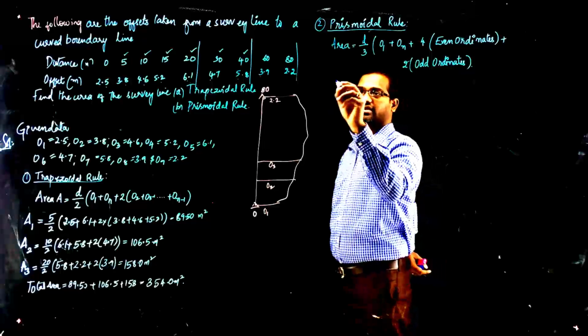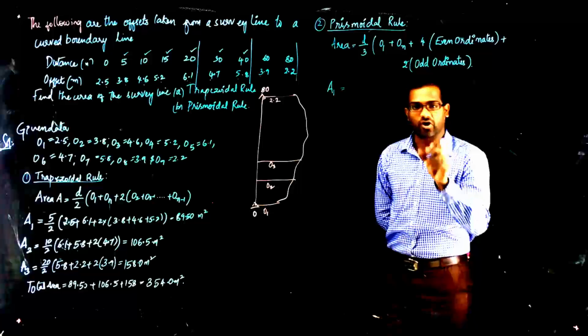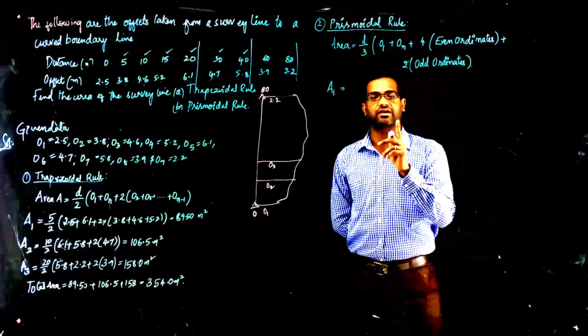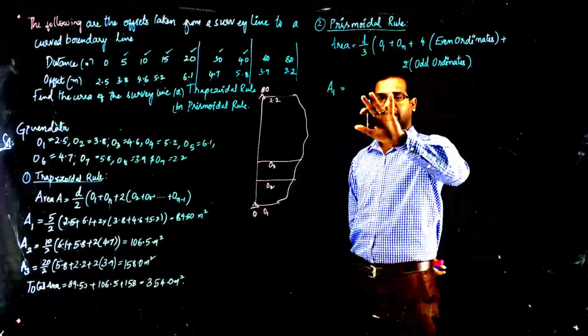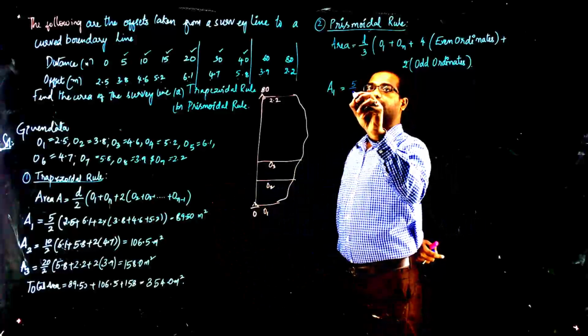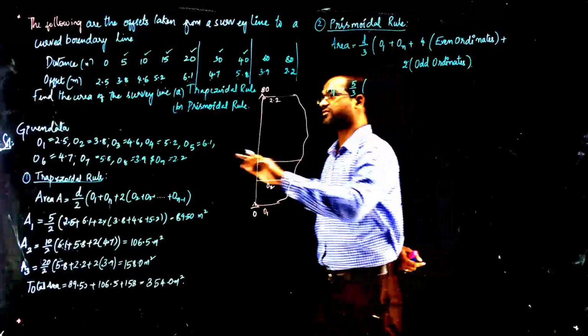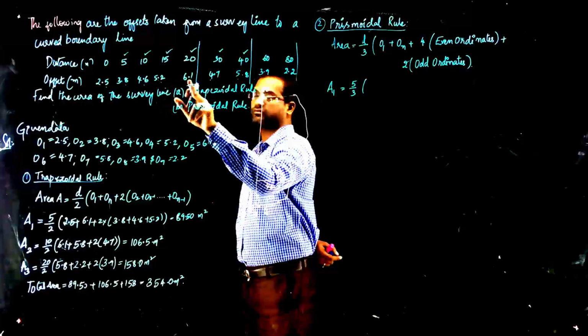So for area 1, where the ordinates have the same common distance of 5 meters, we calculate in the same way. So this will be 5 by 3. We have 5 ordinates.